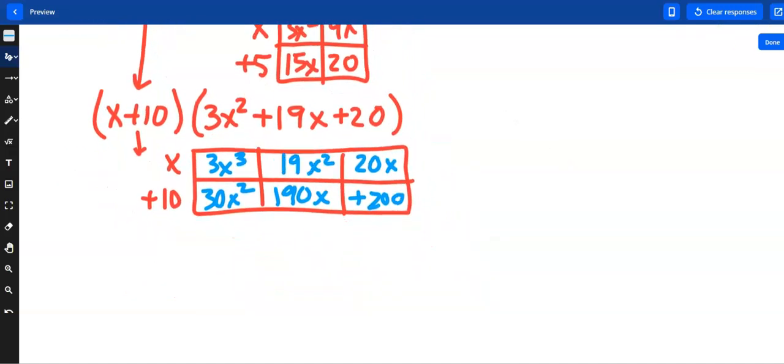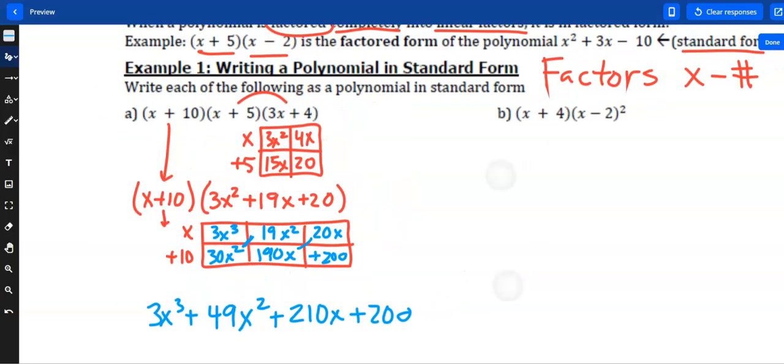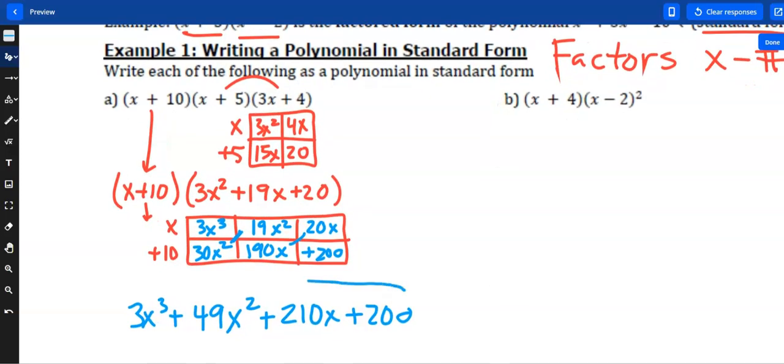And so now I can multiply these things together and get 3x cubed plus, now these 2 get added together, 49x squared plus 210x plus 200. Now, did they ask me to do anything more than that? Nope, they did not.